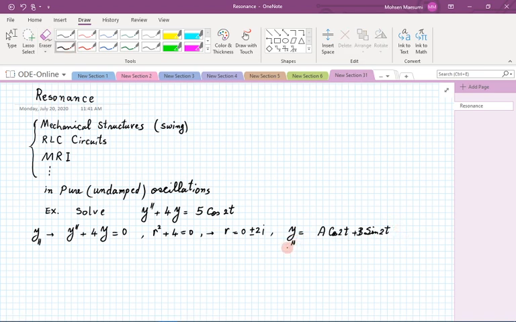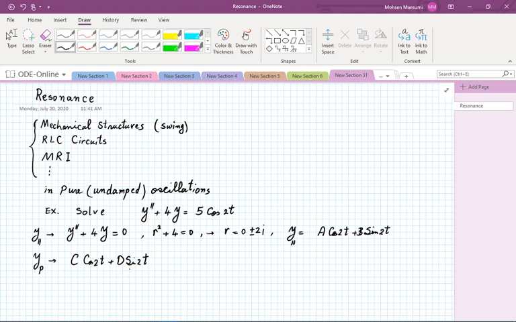Then our next step was to go ahead and find a particular solution. A particular solution would be a solution of that differential equation, and our style of finding it was to go after the family of the right hand side. The family of the right hand side for cosine of 2t would have been c cosine of 2t plus d sine of 2t.